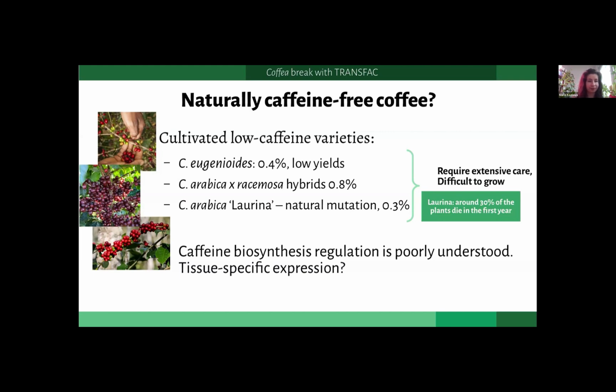For example, one of the parental species of Arabica coffee, Coffea eugenioides, has a way lower caffeine content than Arabica, and is also reported to produce a drink with a very good taste profile. However, partially due to its low caffeine content, it's also quite difficult to grow.